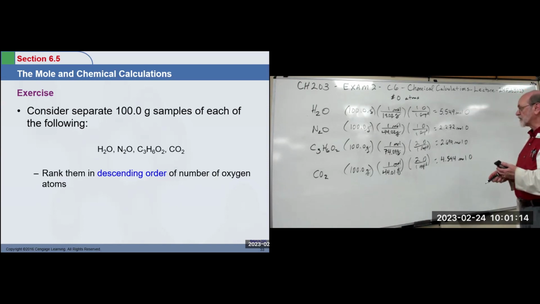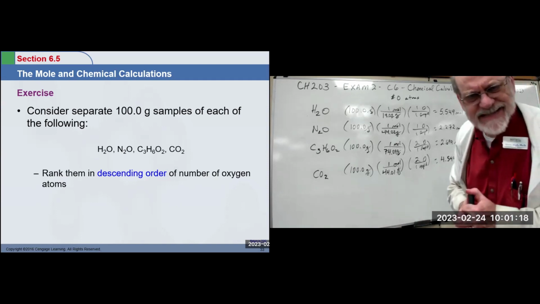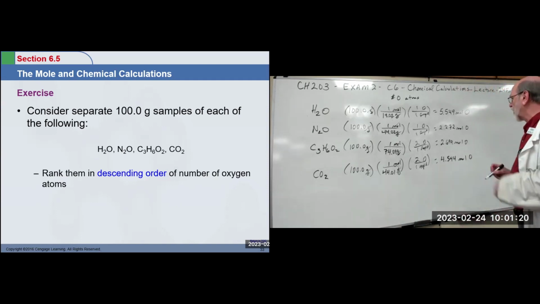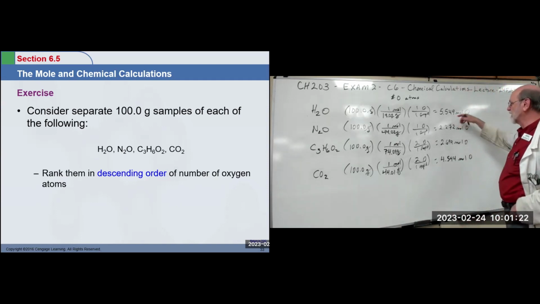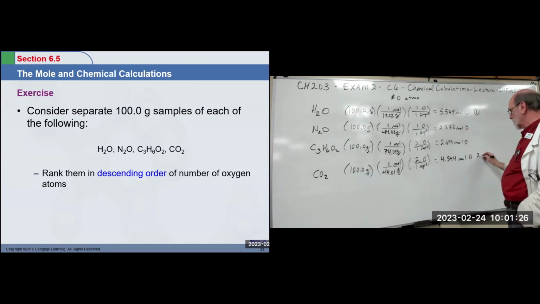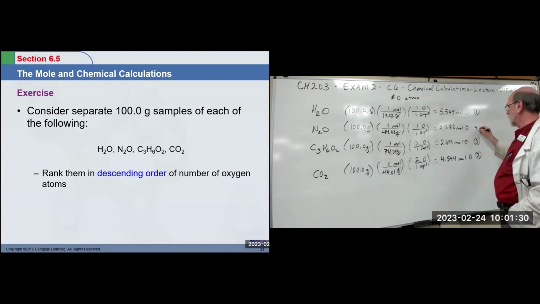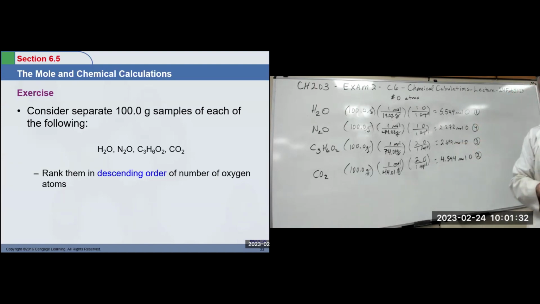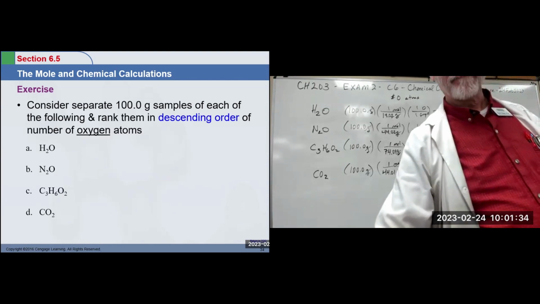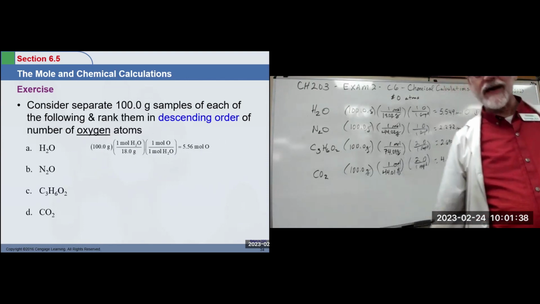Right? So what's number 1? Descending order. So which is the greatest? That one right there. So that's number one. The next one is this one. The next one is this one. And the last one. Oh, I animated this one.